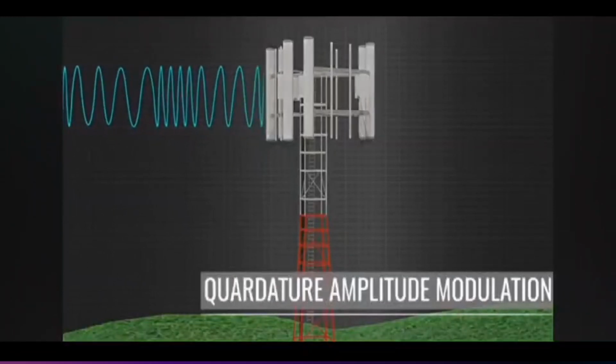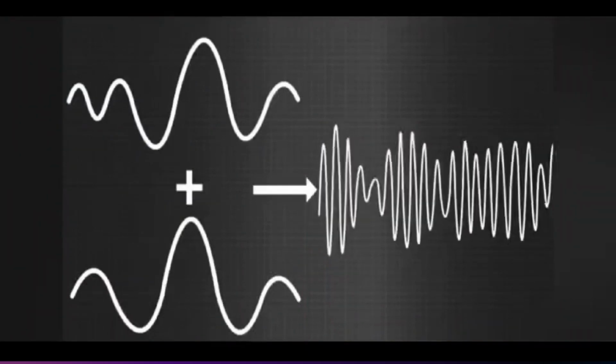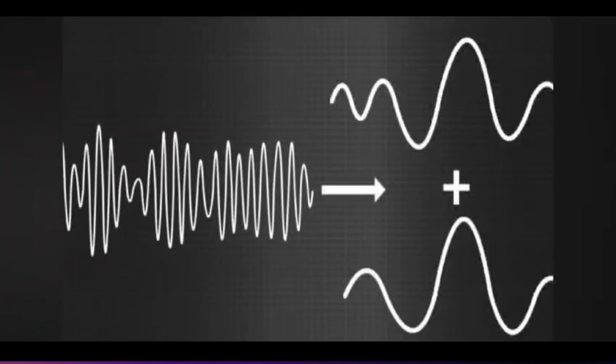To understand QAM in an easy way, let's take two analog signals. The beauty of QAM is that you could modulate these two different signals as a single signal and then transmit it to the receiver end. You will be able to separate the original signals, thereby saving bandwidth. In QAM, the first signal is amplitude modulated using a carrier wave.